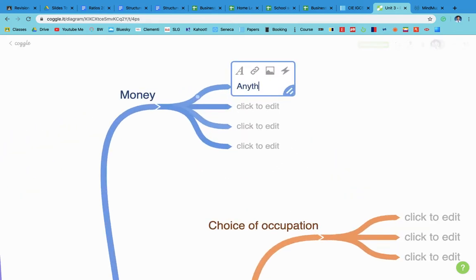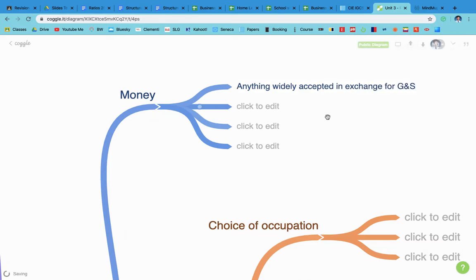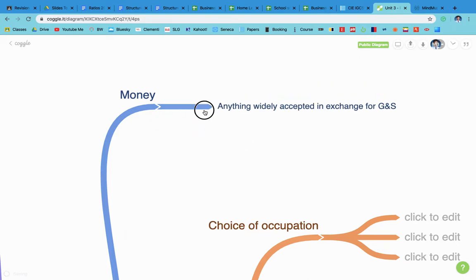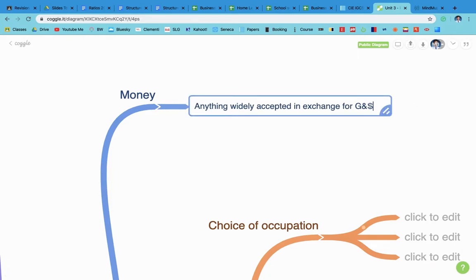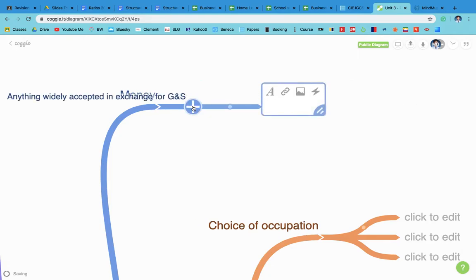So anything widely accepted in exchange for goods and services. And then I'm going to put the 4 functions. In fact, you know what? I'm going to get rid of that, and then I'm going to put 4 off that.